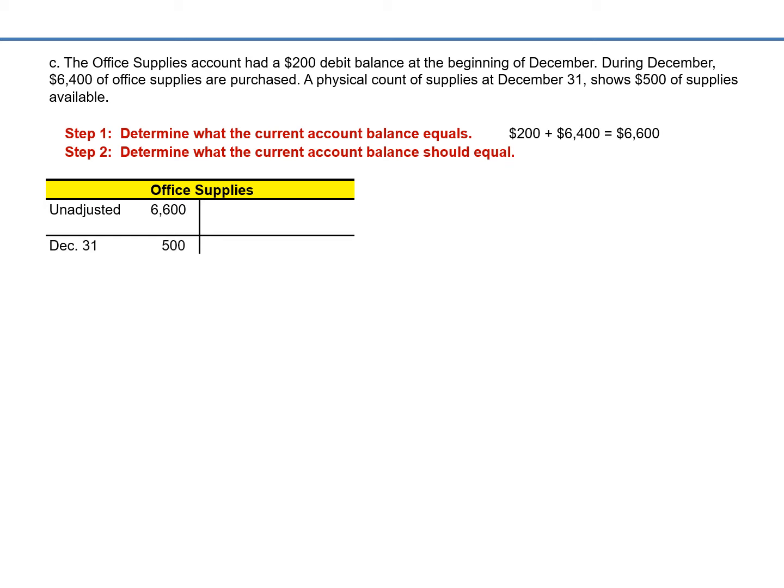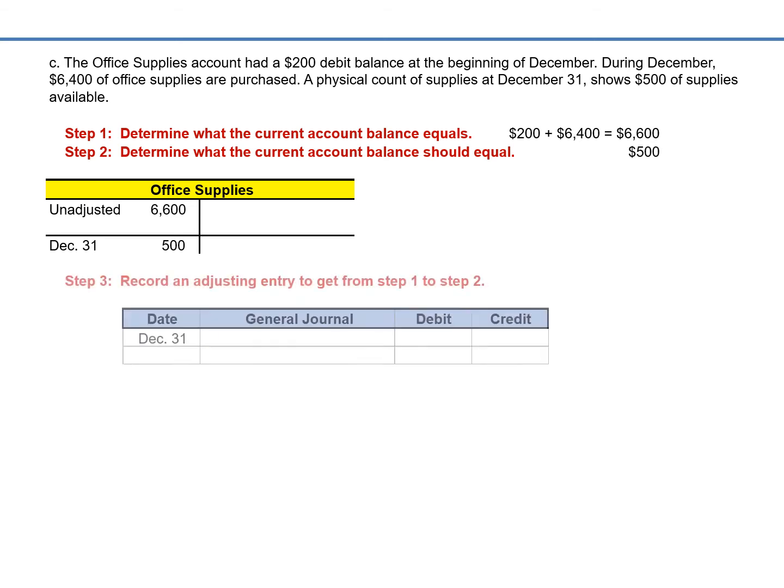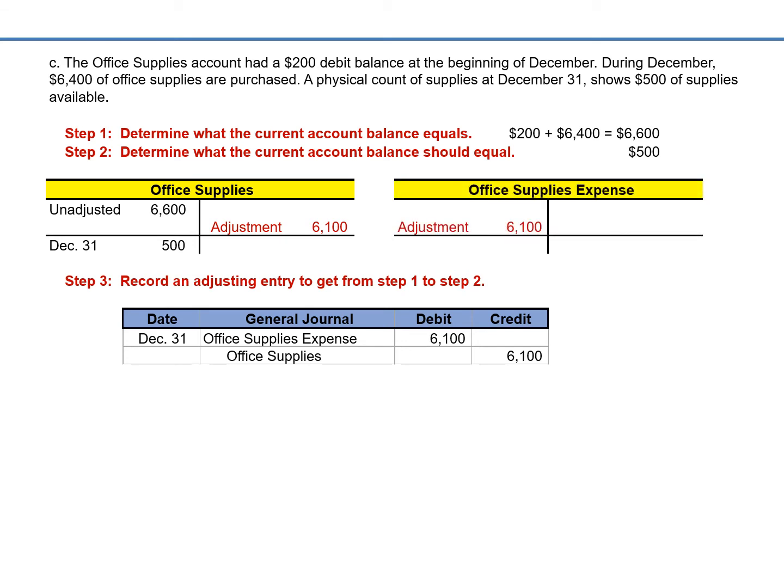To get from $6,600 to $500, we need to reduce our office supply asset account. To reduce asset accounts, we credit, and in this case, by, I'm sorry, $6,100. So office supplies credit for $6,100. Office supplies expense debit for $6,100. There you see your T accounts. You have a debit on the left side, credit on the right side, right?